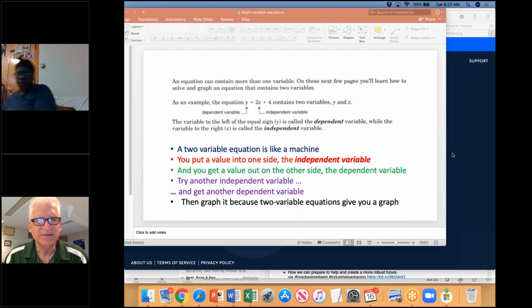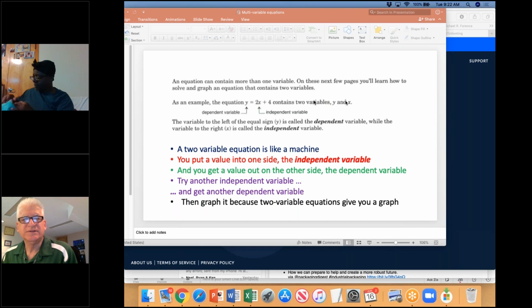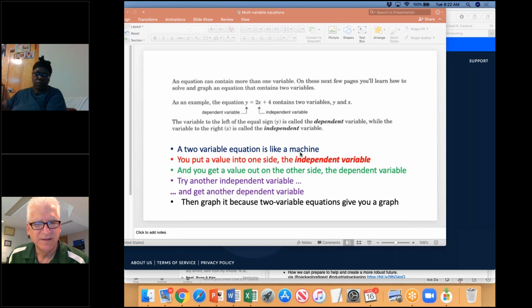So digging into this idea of an equation with more than one variable. In this case, we have two variables. And as the description shows here, you have a dependent variable and an independent variable. I kind of call an equation like this with two variables a machine. In the machine, you put a value on one side, that's your independent variable. In this case, it's x.